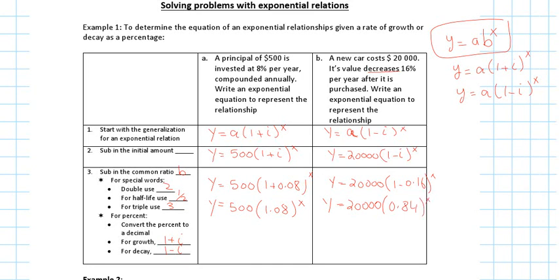Does that make sense that it is between 0 and 1? That number is 0.84. Yes, because it's a decay, right? And anytime I have a decay, I have a number that is between 0 and 1. And with this formula, you can calculate how much your car will be worth after 5 years, after 7 years, after 10 years, whatever.